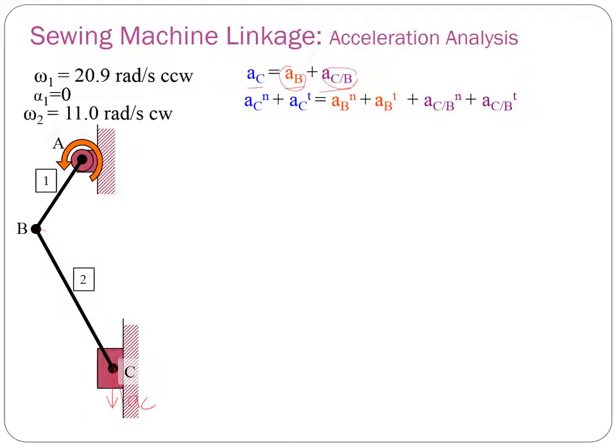Now, the first step is really to break up the component of the acceleration into normal and tangential components. So we break up all of these components of acceleration. So the total acceleration will be of the normal and tangential, normal and tangential, normal and tangential.